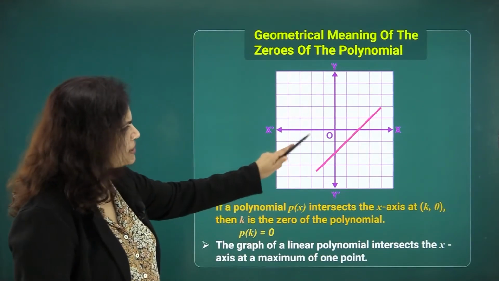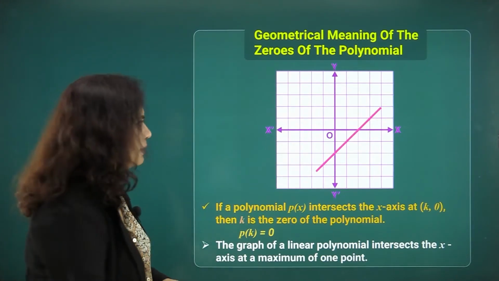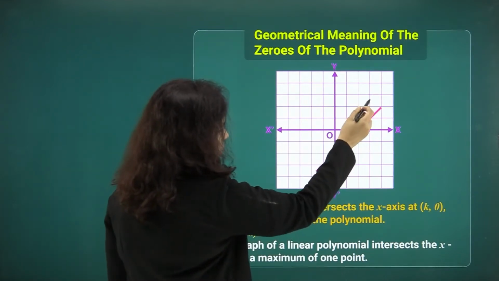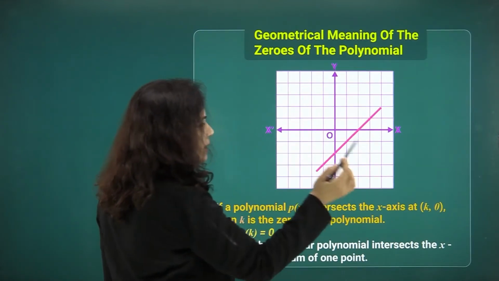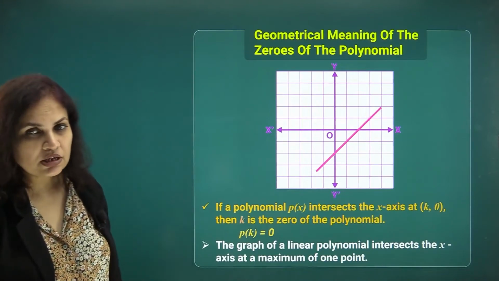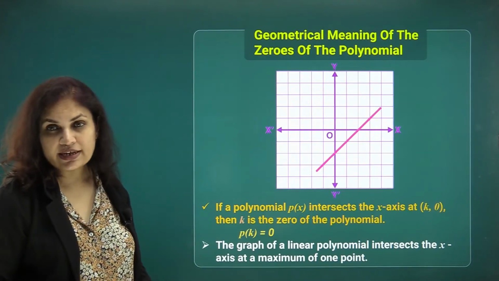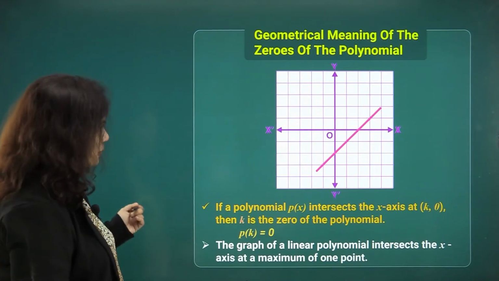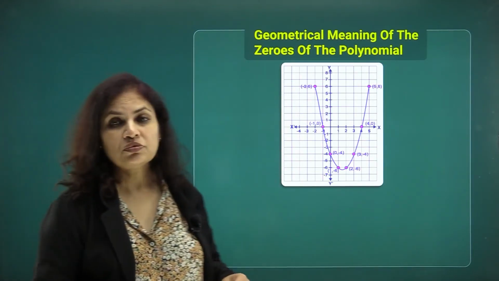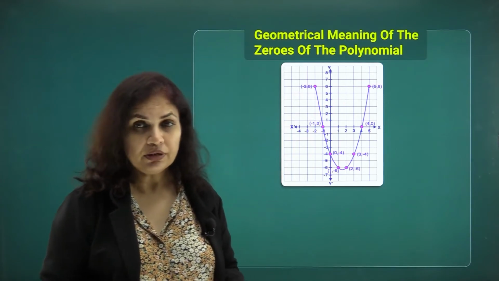The graph of a linear polynomial intersects the x-axis at maximum of one point. So, if I consider any line, be it a positively sloped line or a negatively sloped line, always a linear polynomial or a straight line will intersect the x-axis only at one point. Coming to the quadratic polynomial.